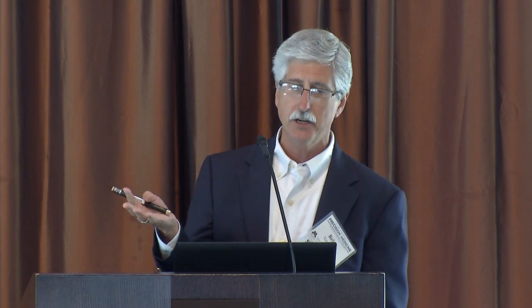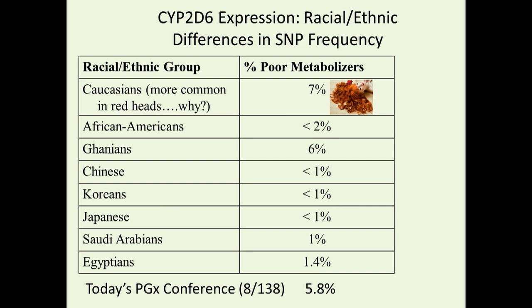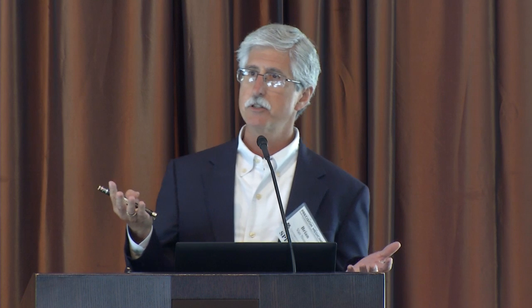So with the CYP2D6 variants as an example, you've heard about this. There are functional, reduced function, there are non-functional alleles, and there are duplications, all of which lead to an activity score. And it's important to note that, as there was a discussion, there's a lot of ethnic variation on the frequency at which some of these actionable variants occur.